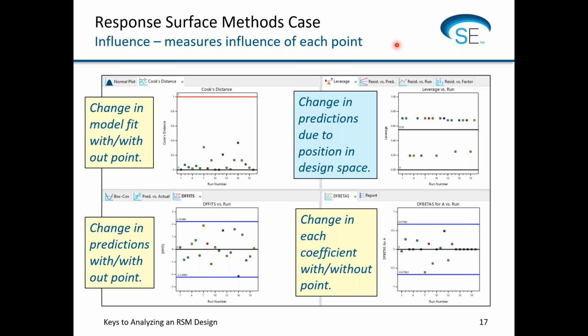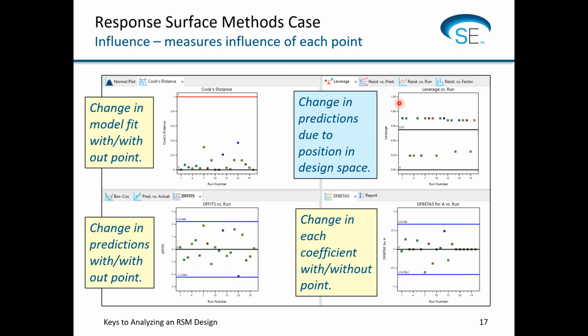So influence in and of itself is not bad. People tend to overreact to these graphs. They say, oh, if I have a point like way out here, that must mean it's bad. No, it means it's influential. If that data is a really good piece of data, if it's perfectly predicting the process, then that influence is really good to the model. Okay, so you have to be careful in interpreting these.